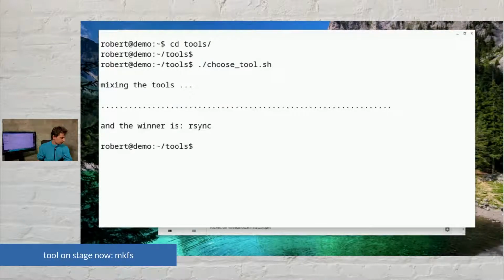Great. First, let's edit the screen. Let's edit the banner here. Now rsync. Great. Tool on stage, now rsync. rsync is a tool for synchronizing a directory tree or for synchronizing a file from a source to a destination.